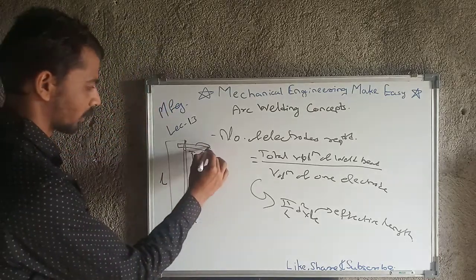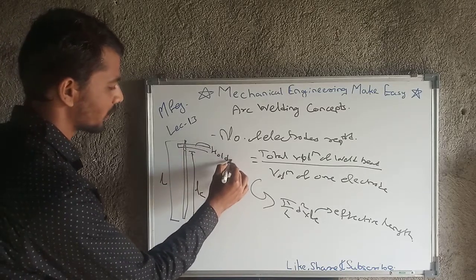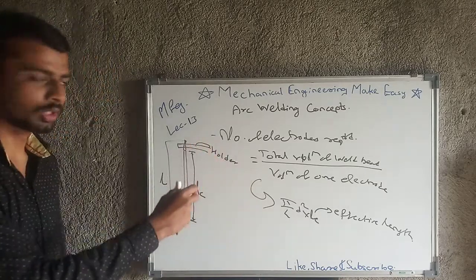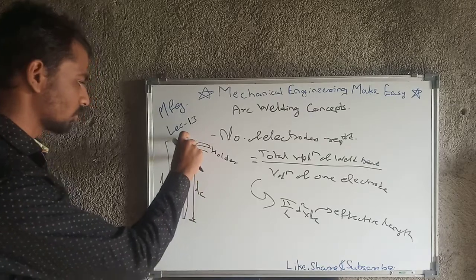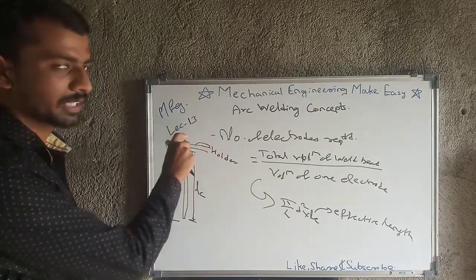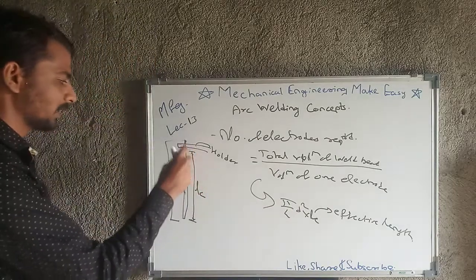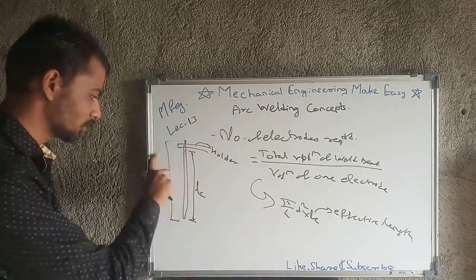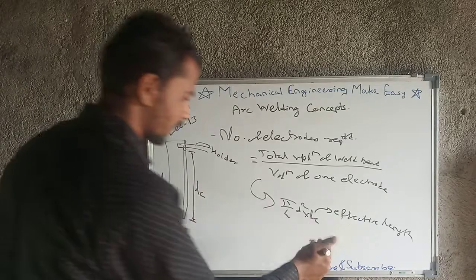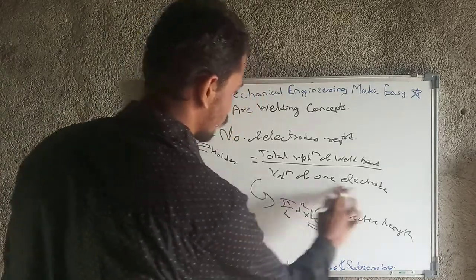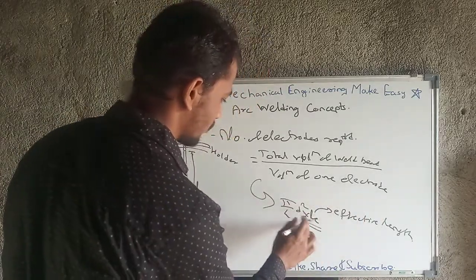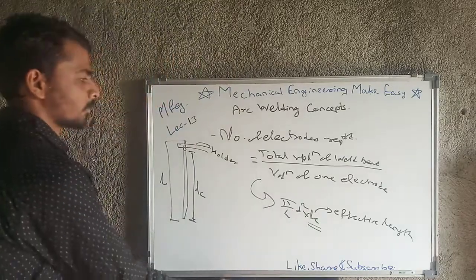This is the holder. The holder is used for holding the electrode, and we can't use that part of the electrode volume while welding, it is only for gripping etc. So that's why this is the total length and this is the effective length we have to take into consideration for the volume of one electrode. This is the diameter of the electrode, this is the effective length of the electrode.